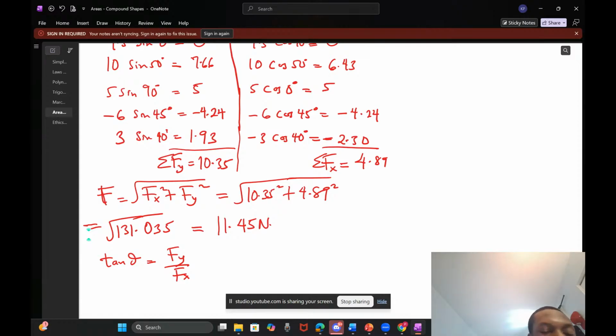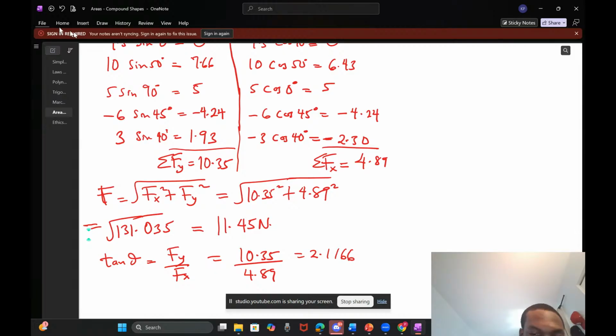So tan theta is equals Fy over Fx. So that's equals 10.35 divided by 4.89. So that's equals 2.116.